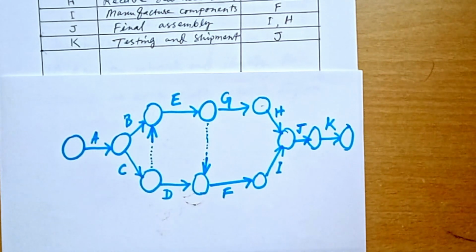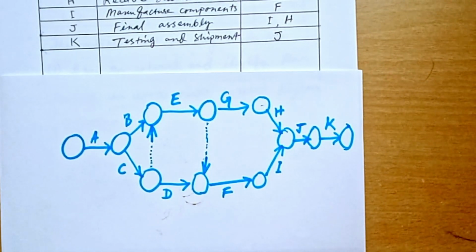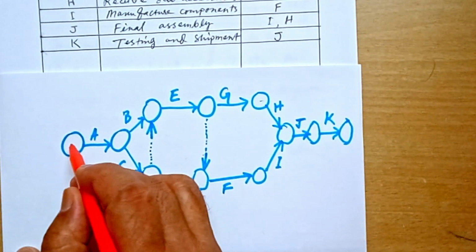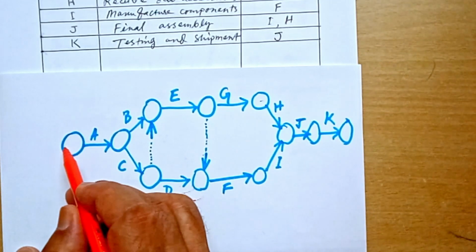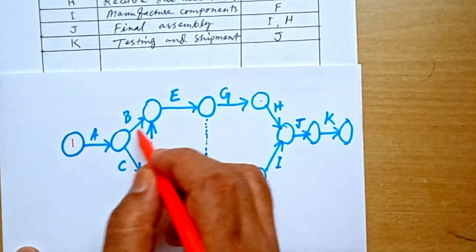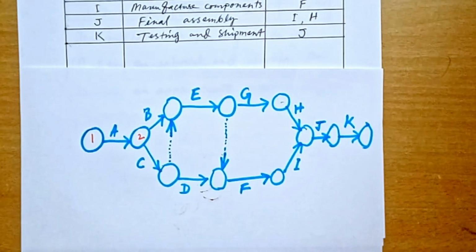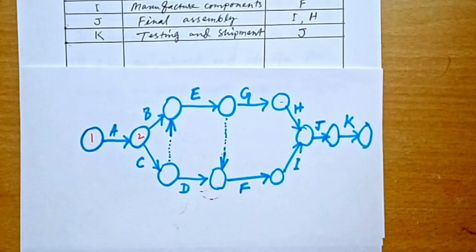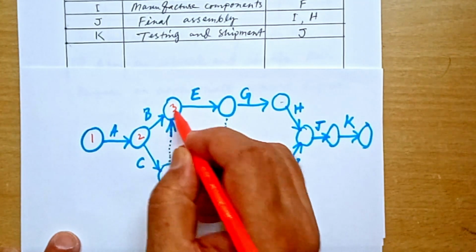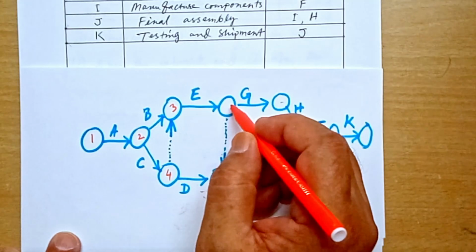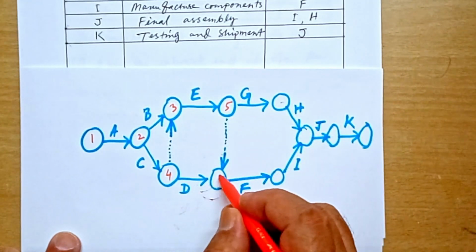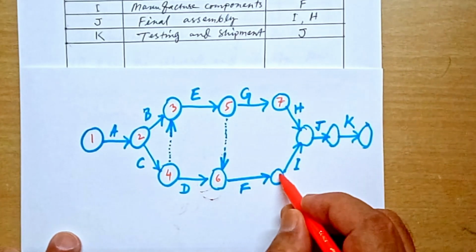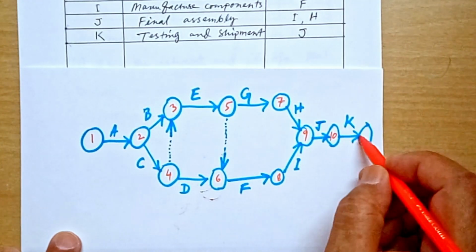You can name the events: this is node number 2, node 3, 4, 5, 6, 7, 8, 9, 10, 11.